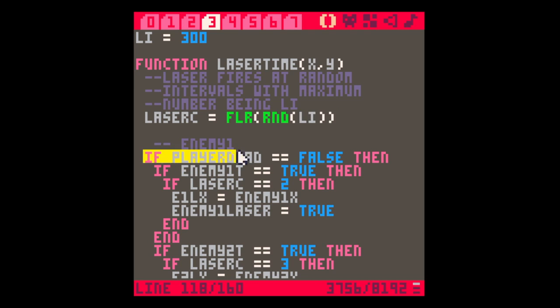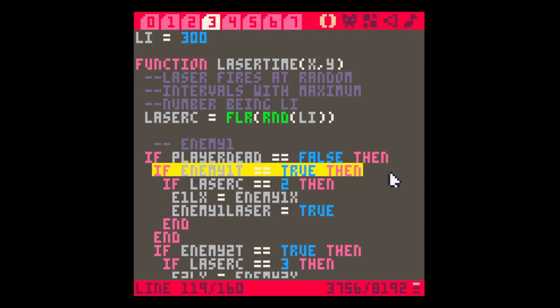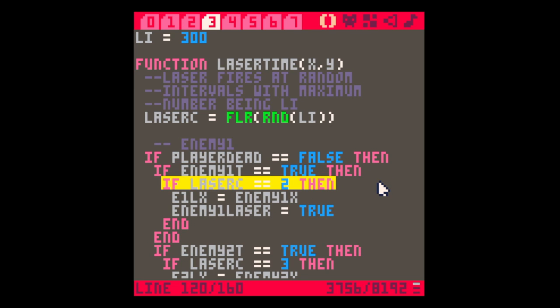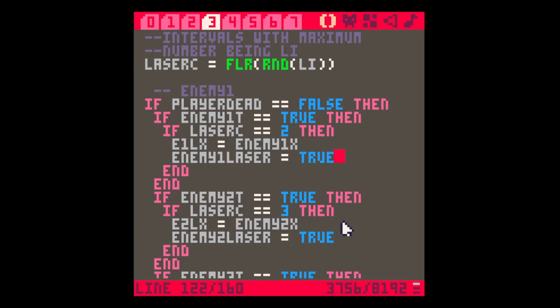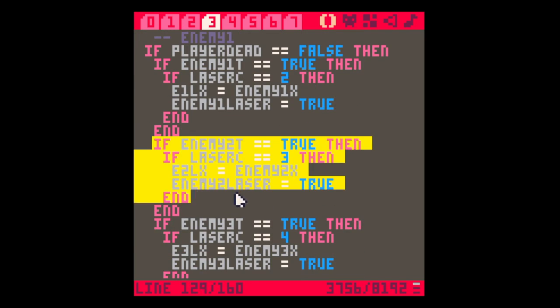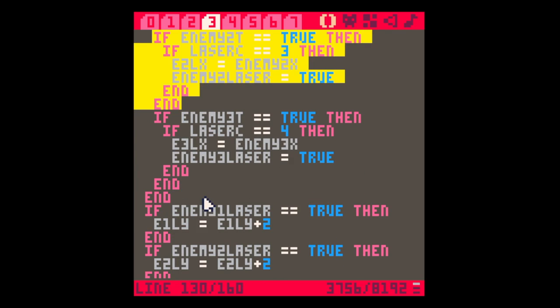So if the player is not dead, and if enemy 1 is alive, then if the laser counter equals the number that I have decided on for enemy 1, then create a laser at the enemy's position and make it true. The same for enemy 2, the same for enemy 3.